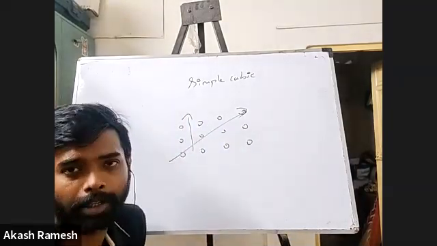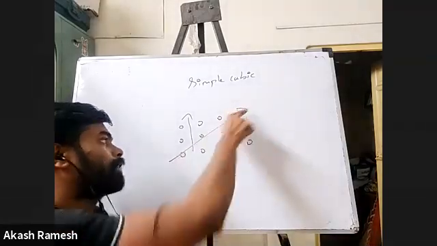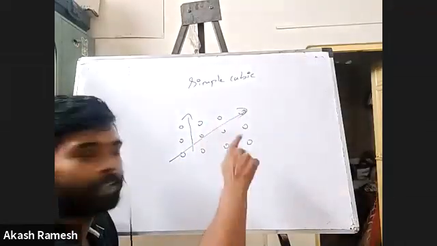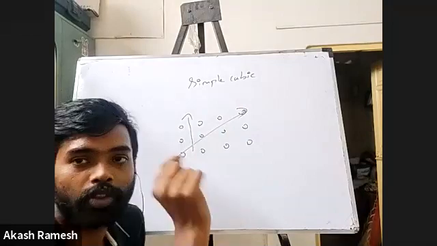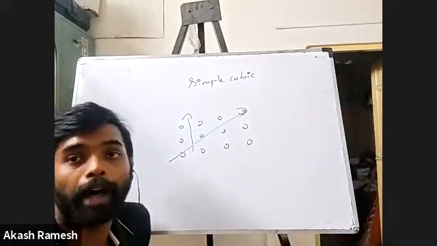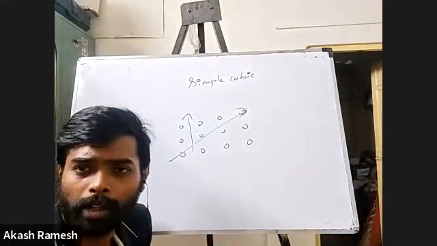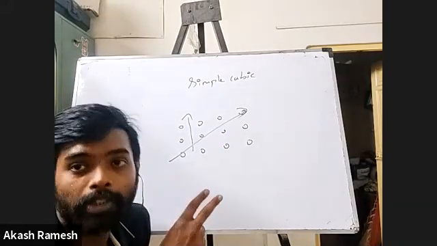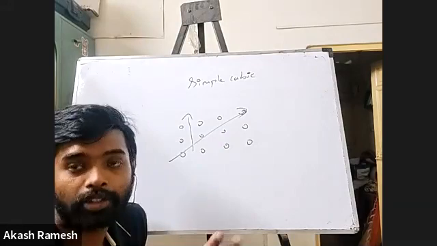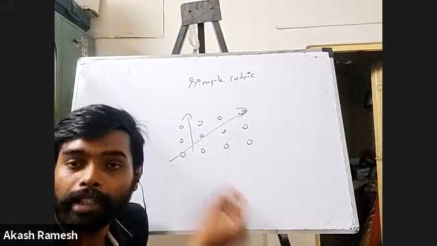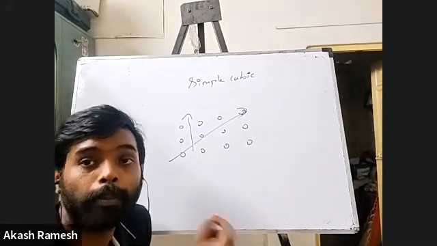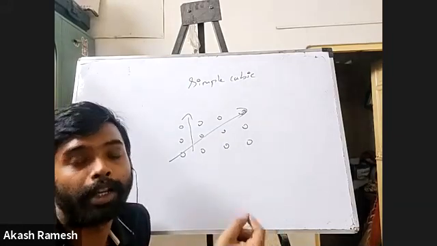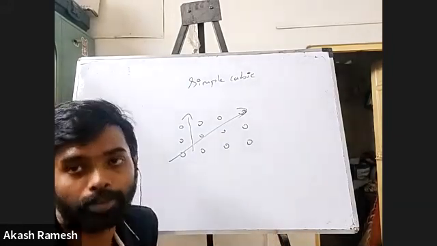But if I take this one, some of the atoms are coinciding with the path. So obviously I have a difference in the occupancy of atoms in the different directions. So along these two different directions, if you measure any physical quantity, it is going to give me different values.